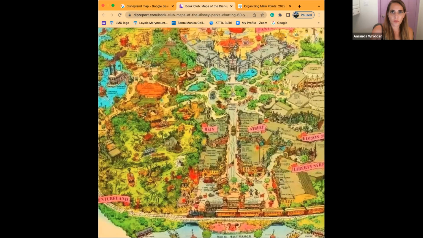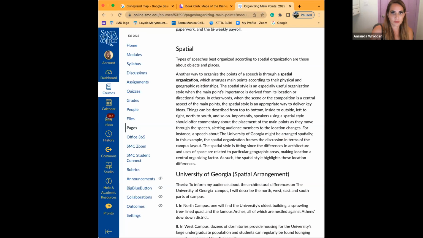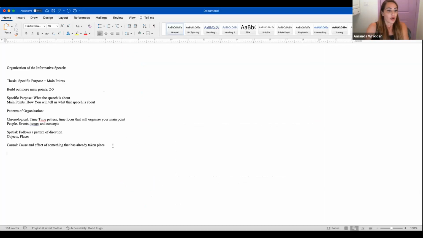So what we can do, for example, is start to utilize those directions as our main points.